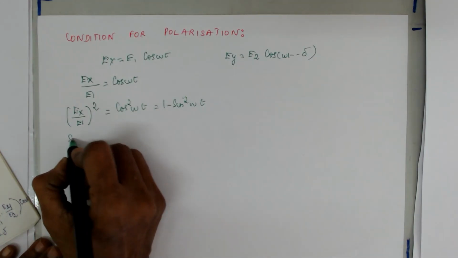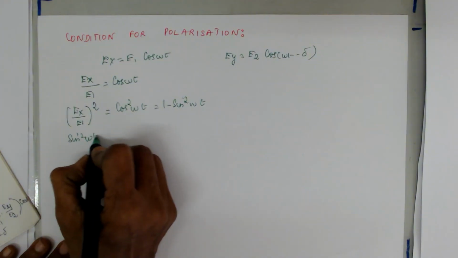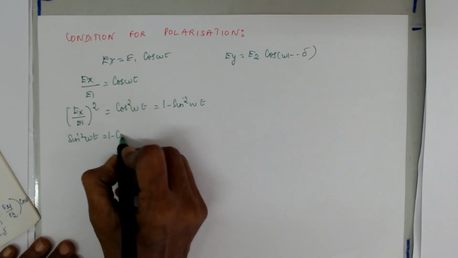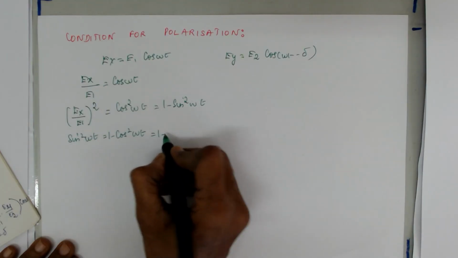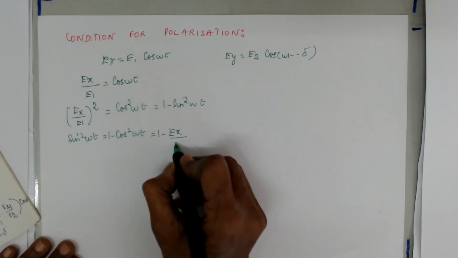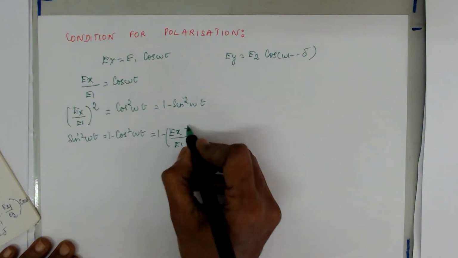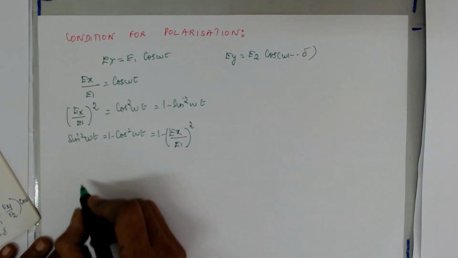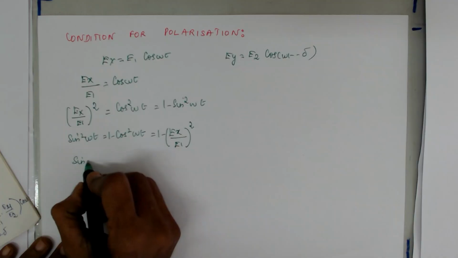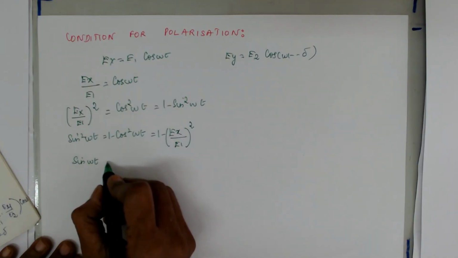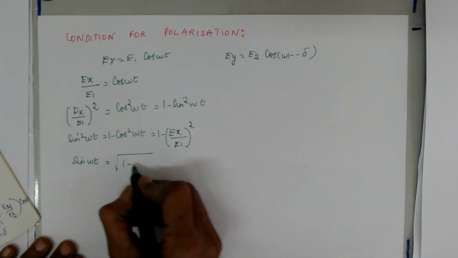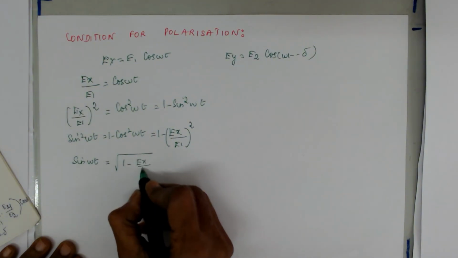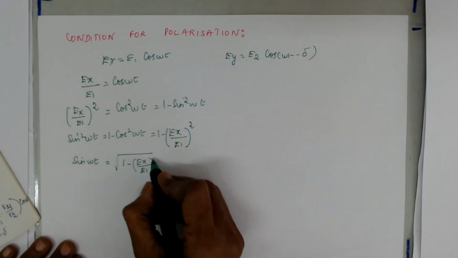Or we can write sin square omega t equal to 1 minus cos square omega t, which is 1 minus Ex divided by E1 the whole square. Taking the square root, sin omega t is equal to square root of 1 minus Ex divided by E1 the whole square.